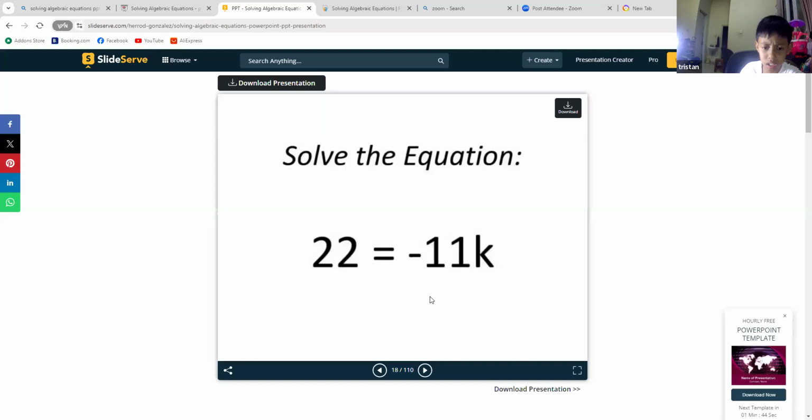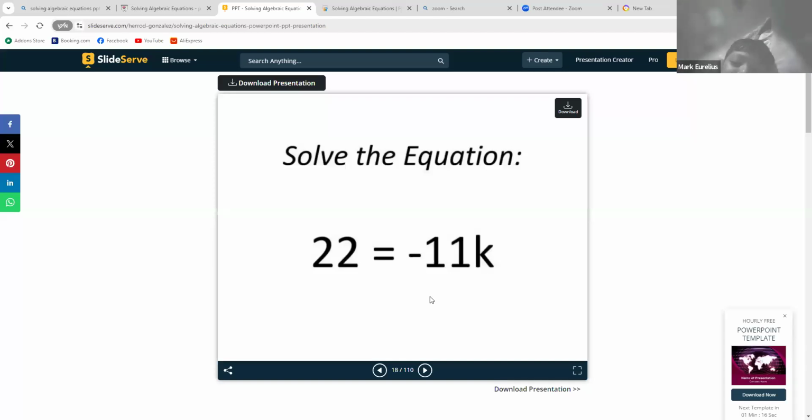Negative 2 is equal to negative 11 over K. Letter K. What does this letter K mean? We are going to find the value of K here.